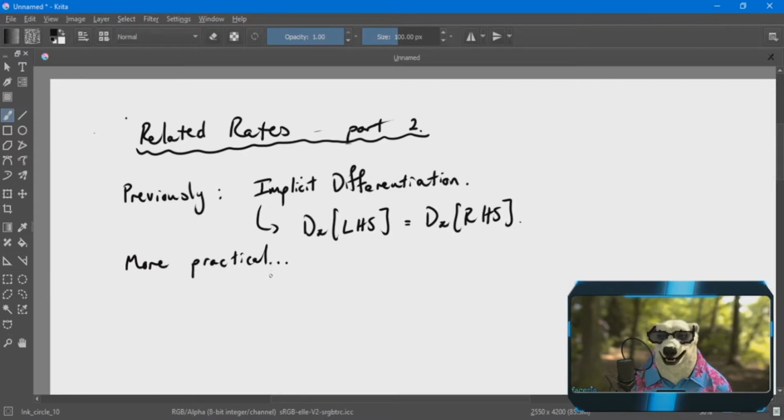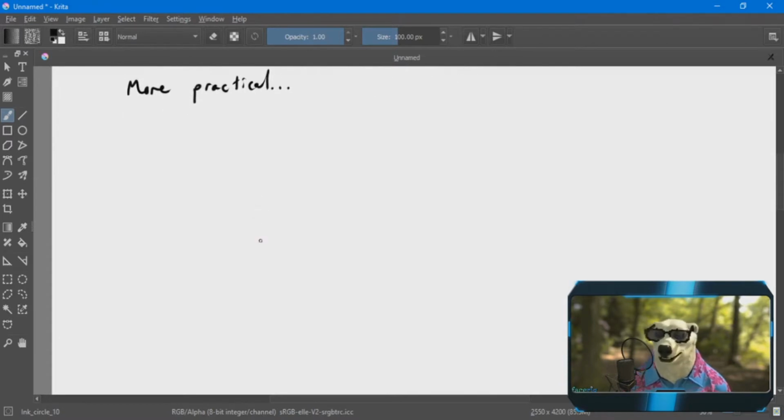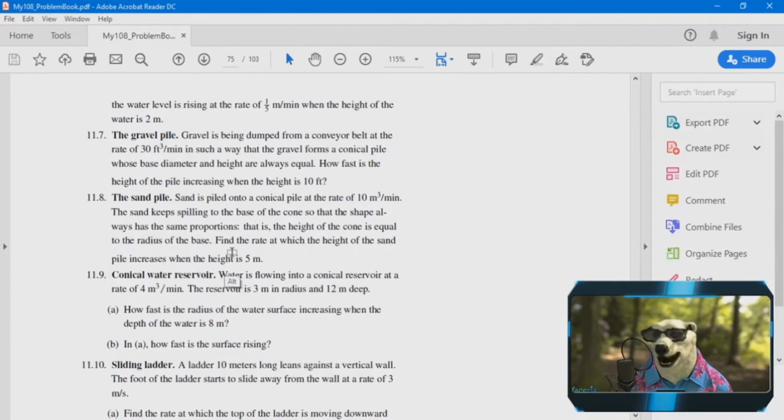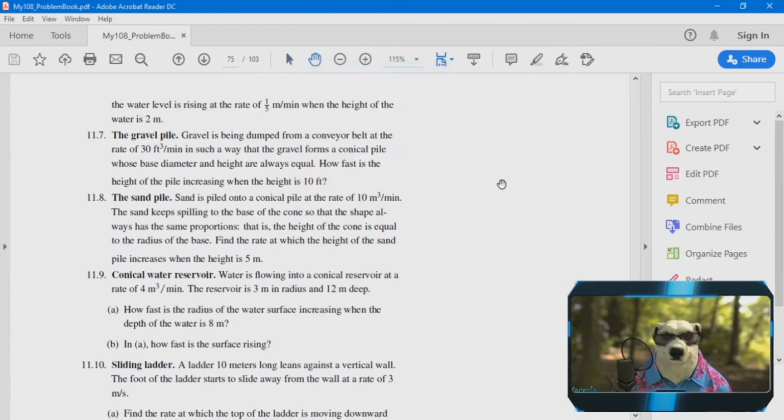something a little bit more practical. We can look at our problem book and we have some questions here that we can do.